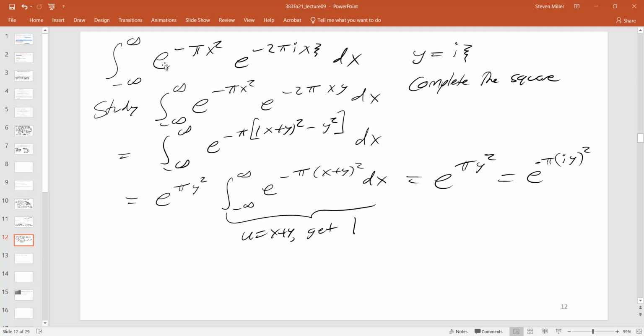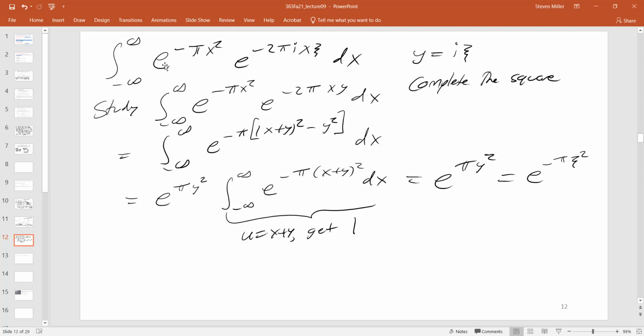Oh, sorry, that should be c. So right, that's right. y is equal to ic, so it becomes e to the negative pi c squared, right? If I'm letting y be ic.